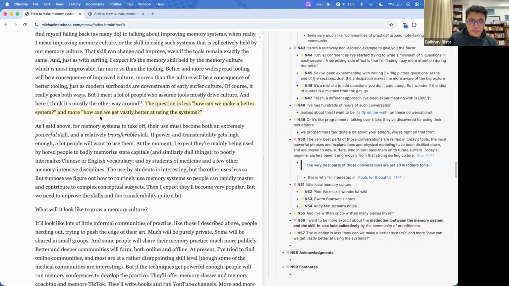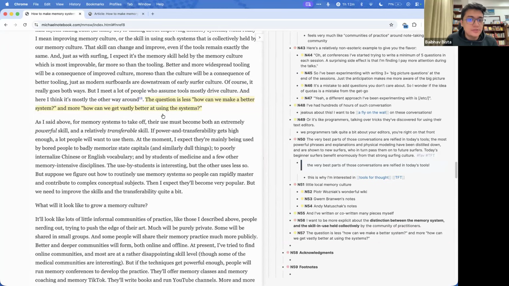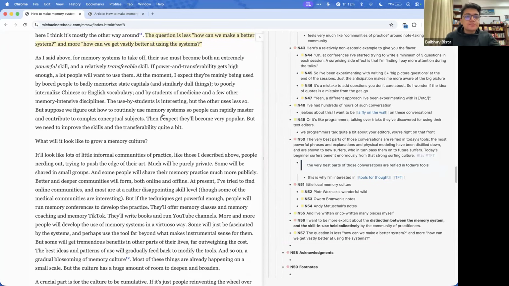He has worked a lot on that, but I'm more interested in how we can get vastly better at using these systems. He's talking about how it needs to be a powerful skill and a relatively transferable skill as well.